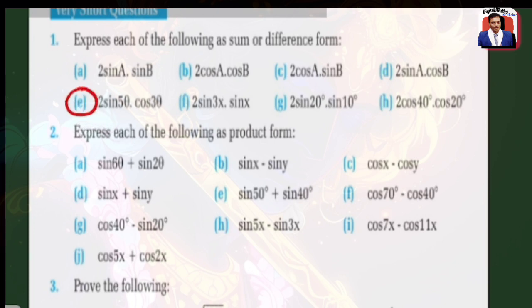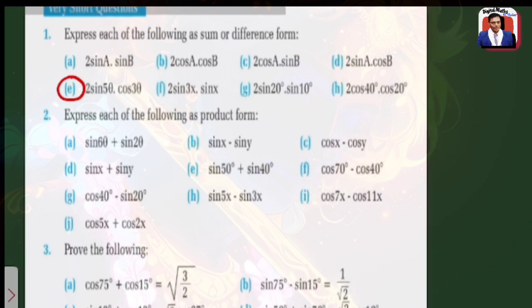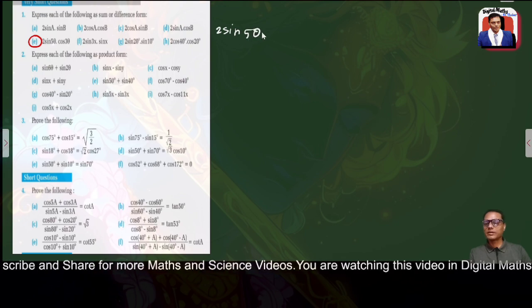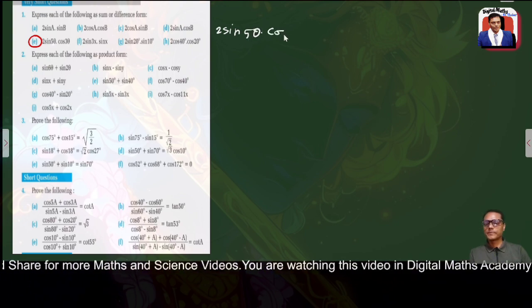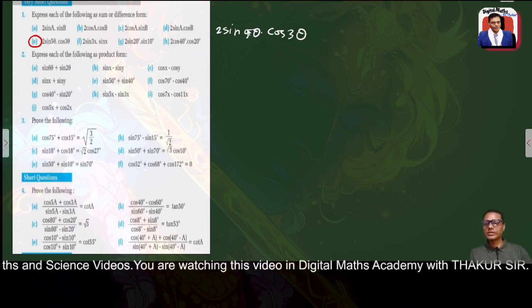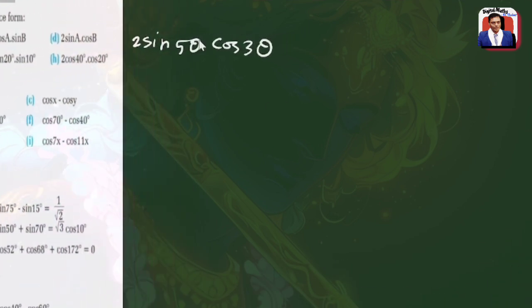And in E, we have here 2 sin 5 theta dot cos 3 theta. So we just apply the formula 2 sin A dot cos B. So here in the place of A we have 5 theta, and in the place of B we have 3 theta.